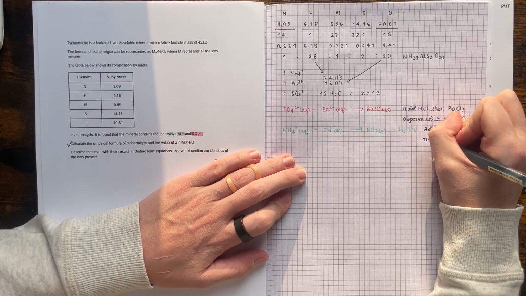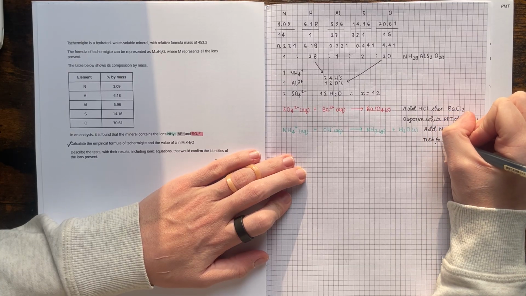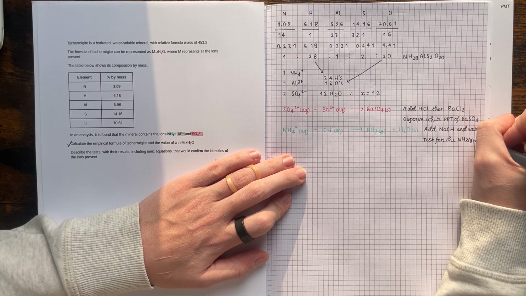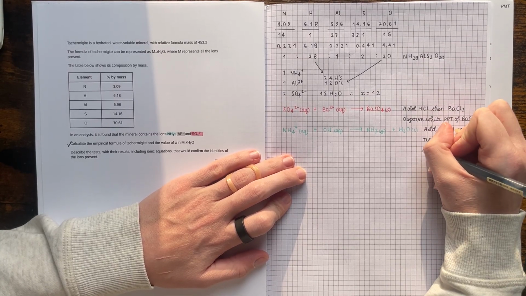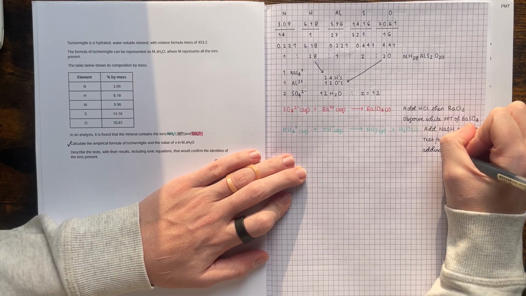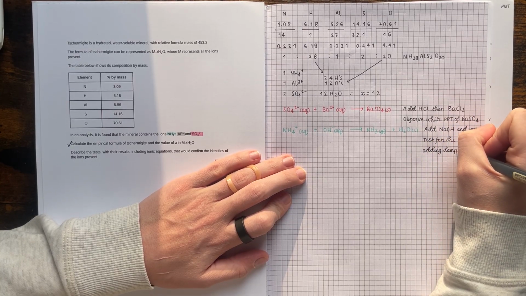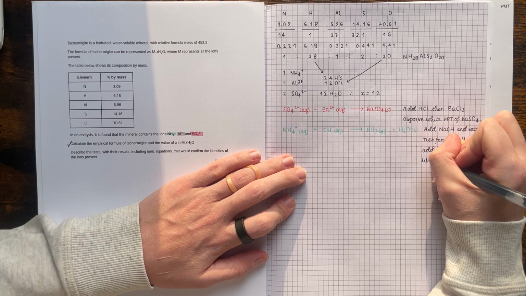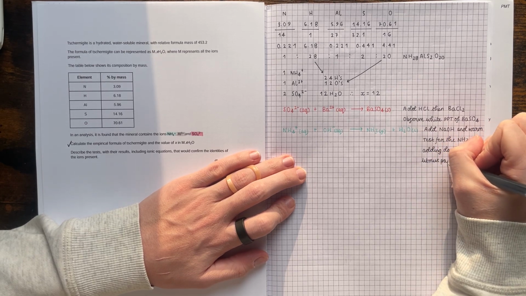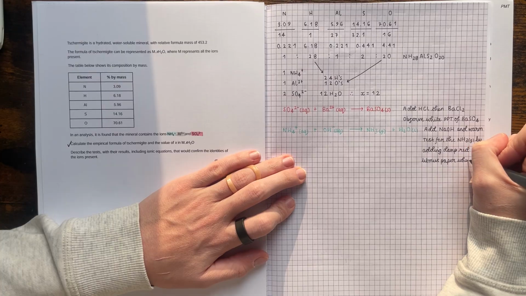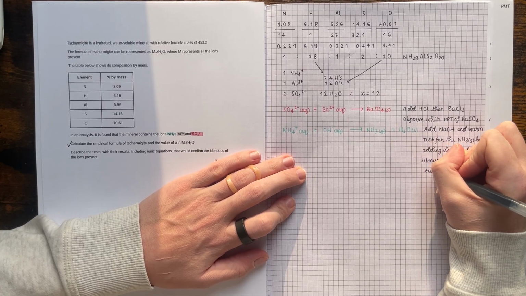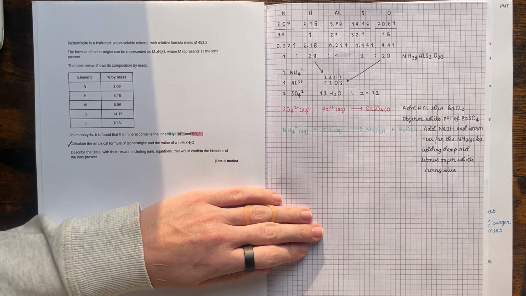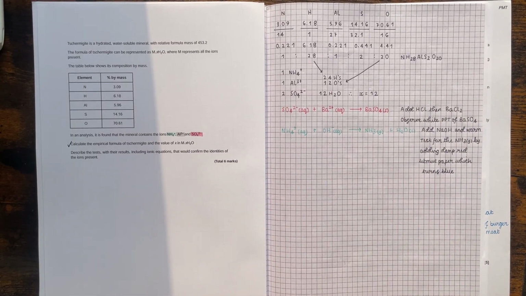And then we would test for the ammonia by adding damp red litmus paper, and it needs to be damp so that the gas can dissolve onto the paper, which turns blue. So that would be the ammonium ions done.